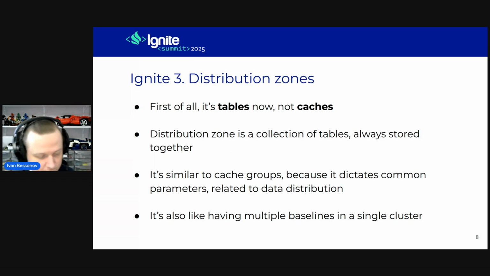What do we have in Ignite 3 to replace cache groups? First of all, it's not caches anymore, it's tables. So we have to get used to a new terminology because caches are a little old school. A distribution zone is just a collection of tables, just as a cache group was a collection of caches.